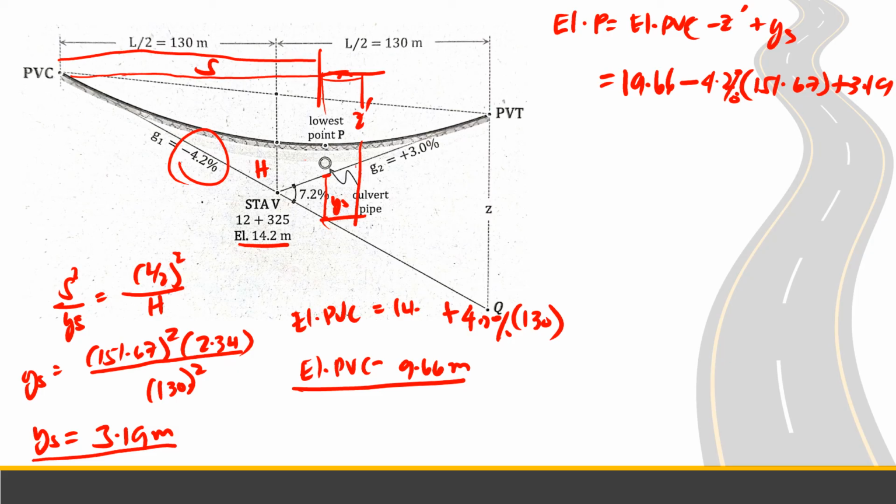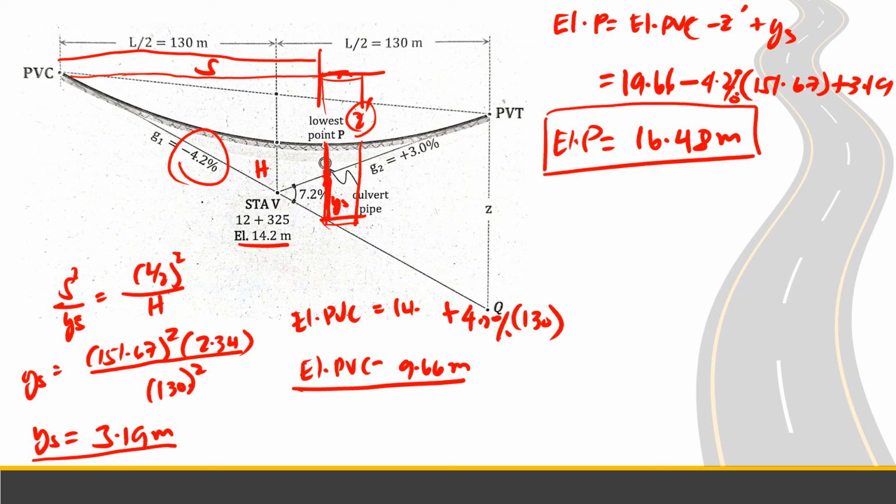So the elevation of PVC minus Z prime and then plus YS gives the elevation of P, the lowest point of the curve. The elevation of P is equal to 16.48 meters.